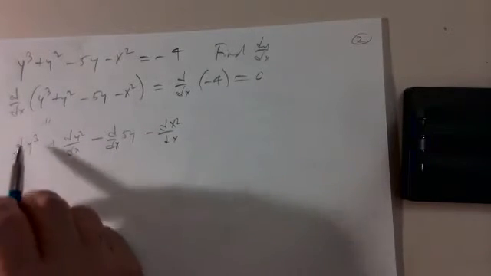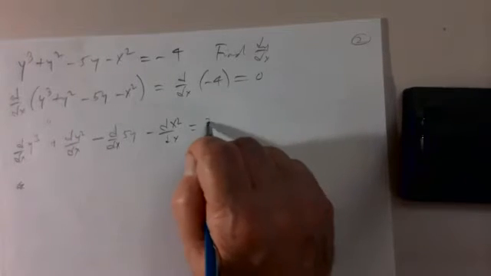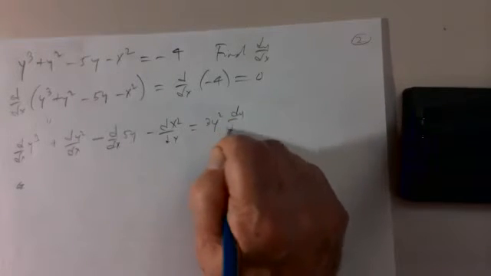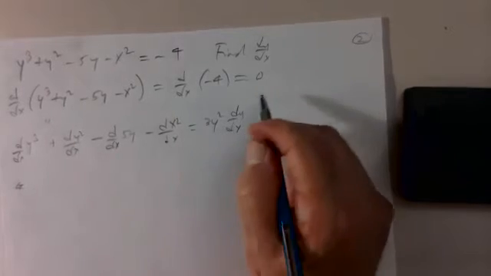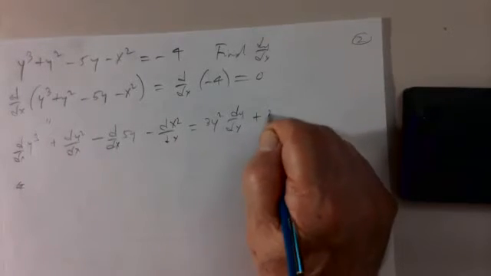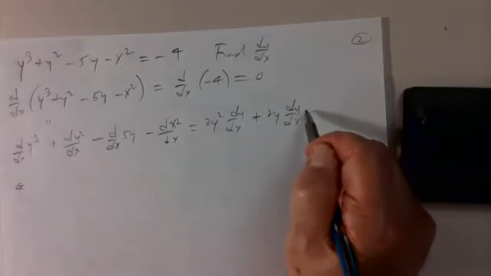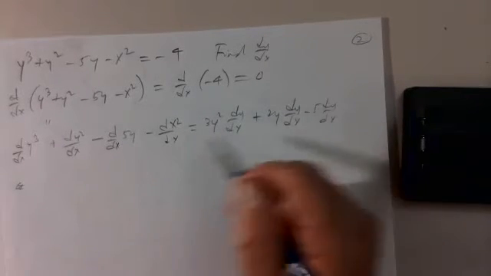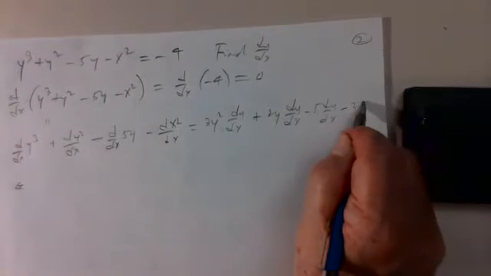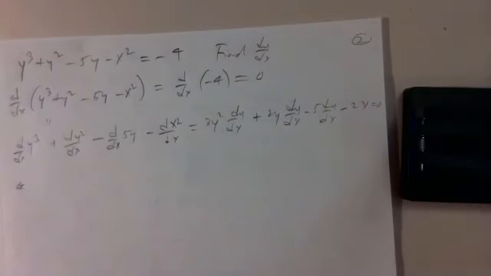And what's the derivative of y cubed with respect to x? By the chain rule, that's 3y squared dy/dx. The derivative of y squared with respect to x is 2y dy/dx. This is just minus 5 dy/dx. And the derivative of x squared with respect to x is 2x. So all that is equal to 0.